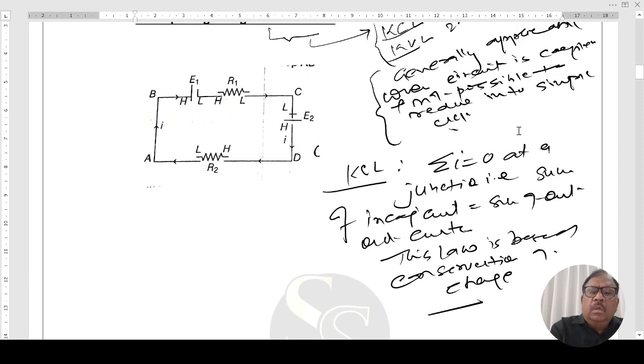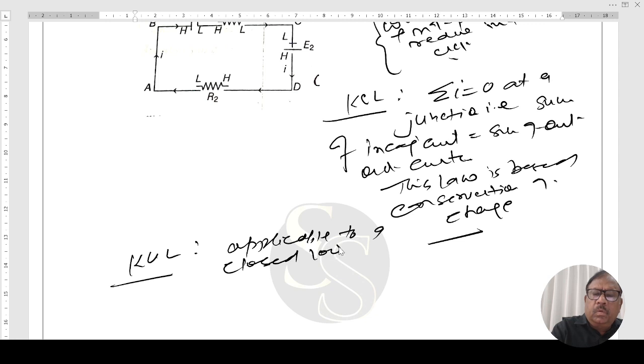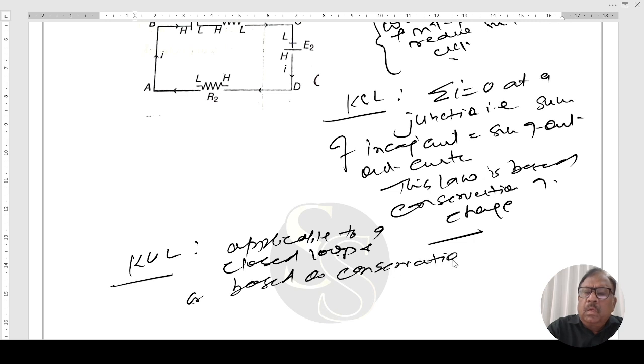Now, KVL is applicable to a closed loop, and is based on conservation of energy.